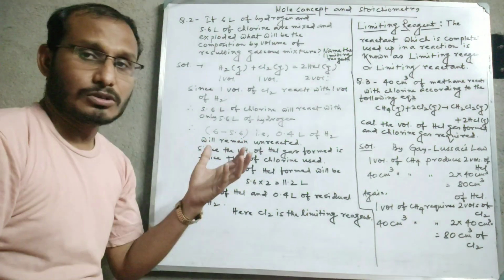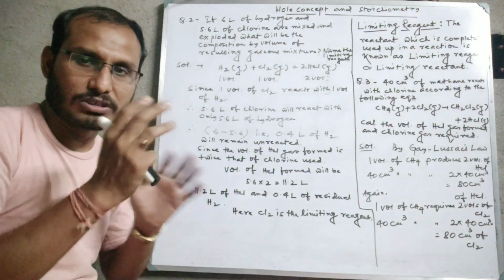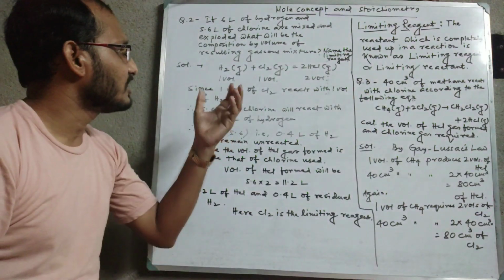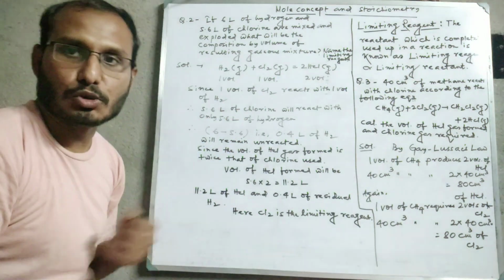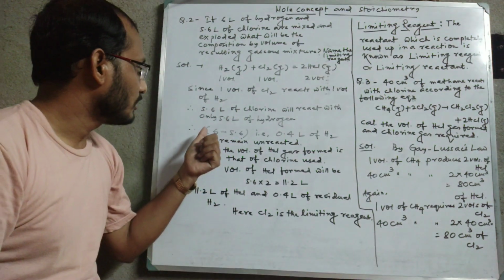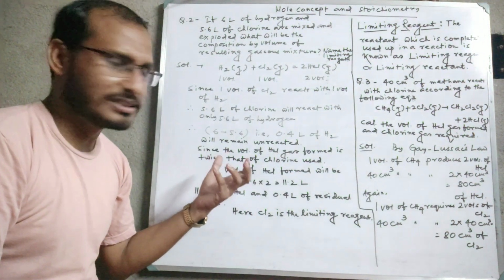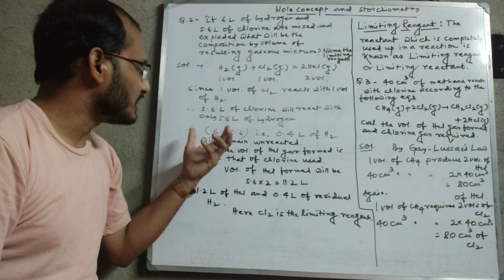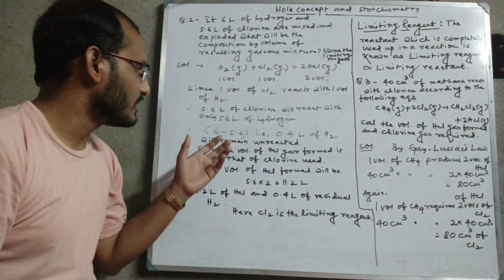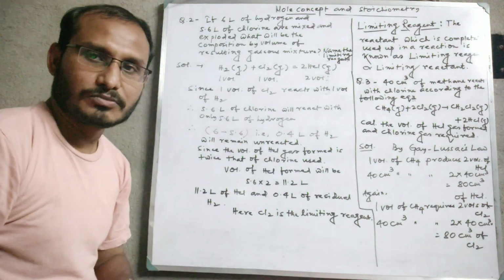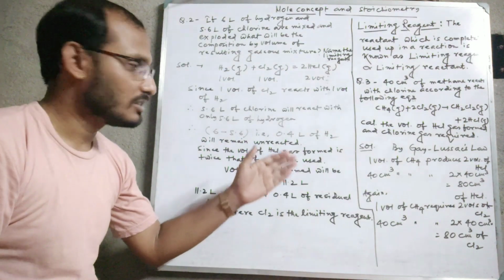Among the reactants, chlorine has the minimum volume, and the volume of hydrogen is 6 liter. The difference between the volume of hydrogen and chlorine is 0.4 liter, that is, the residual part will be hydrogen.